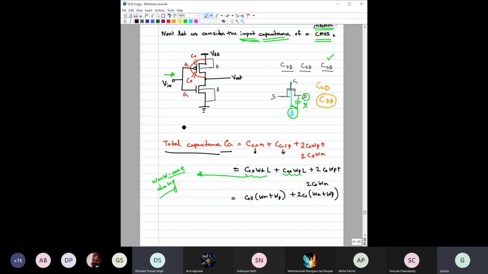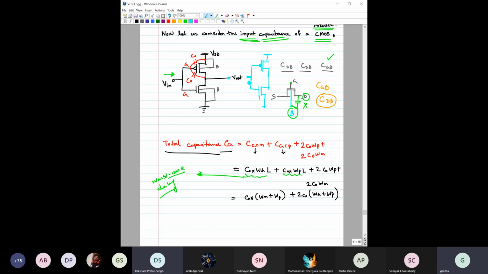Now suppose you have an inverter here, and this inverter has to drive the next stage inverter, right?